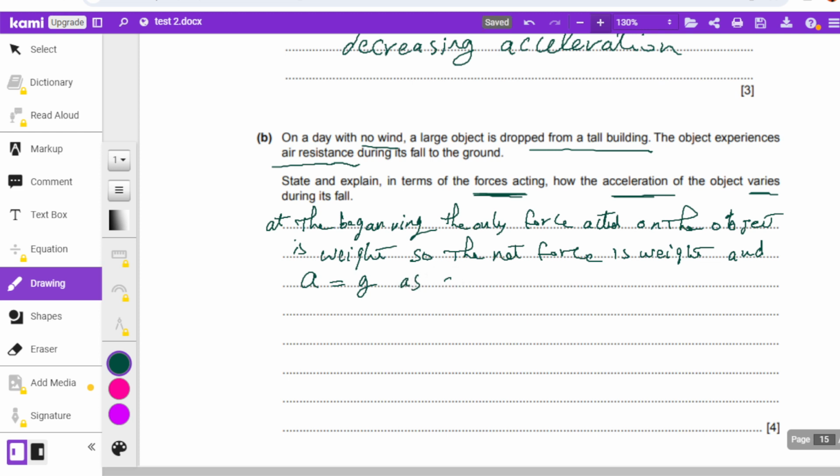After a while, speed increases. As speed increases, air resistance increases, and net force will decrease.